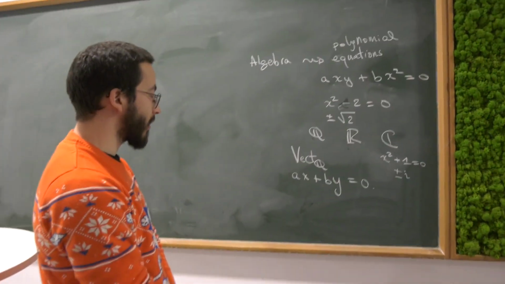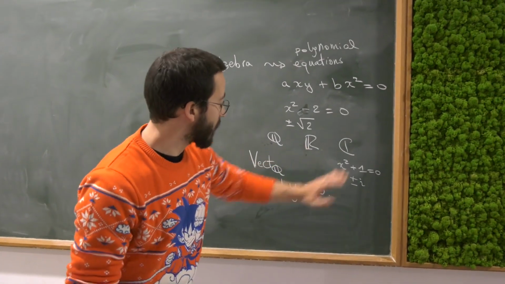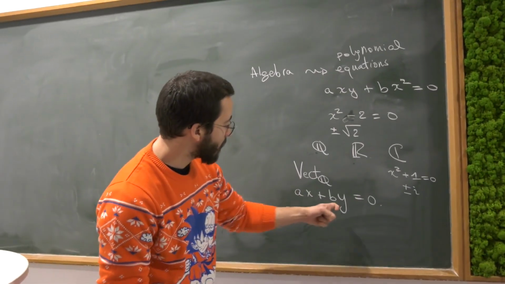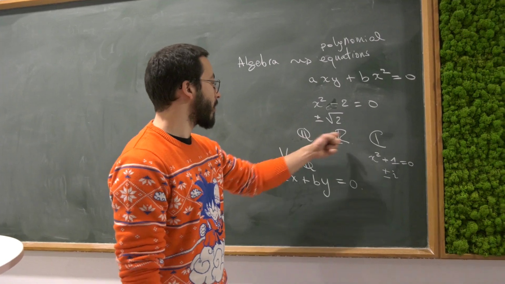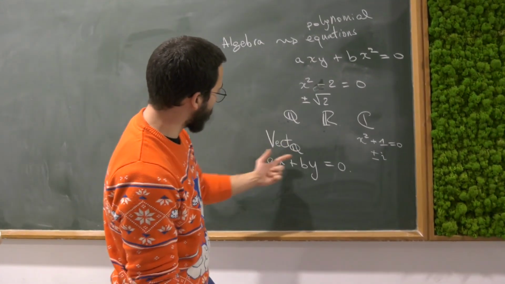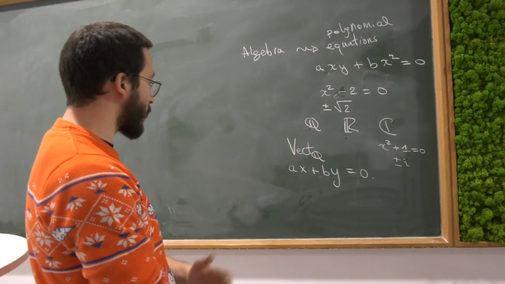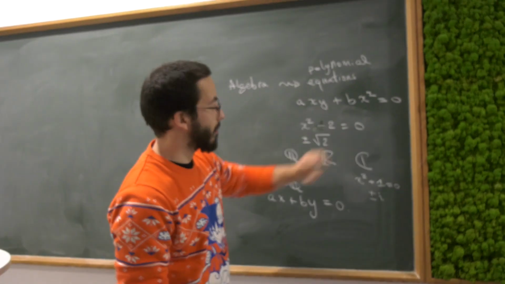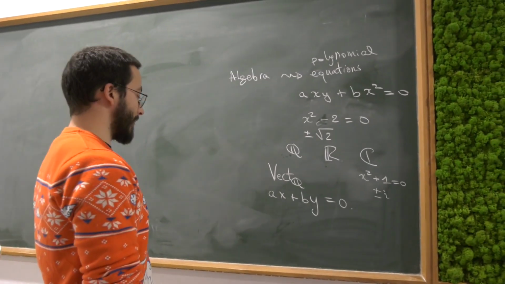There it may seem like there's not really a difference between these two places, because in an equation of this form, if a and b are rational, it has a solution here if and only if it has one here and here. But this category, this object, has more structure, and if you take into account this more structure, you can end up talking about these other kinds of equations.